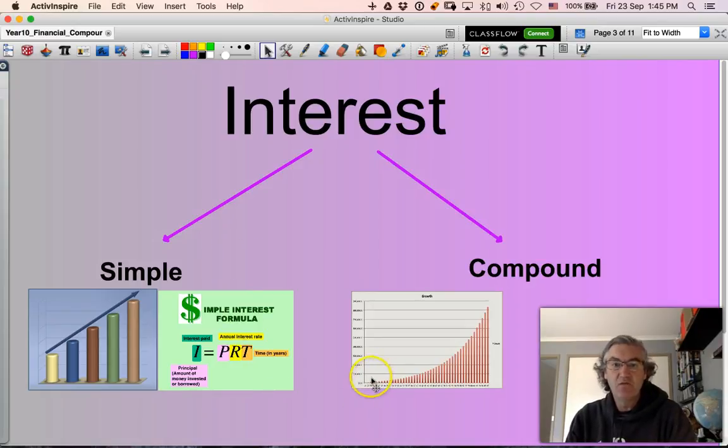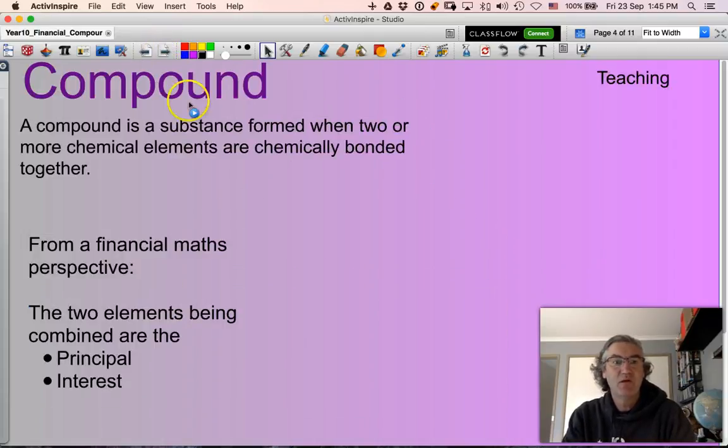Now, with compound interest, the amount of interest that I earn or the amount that I borrow or invest increases in a non-linear fashion. You can see by the nature of this relationship. So, compound is an interesting word.